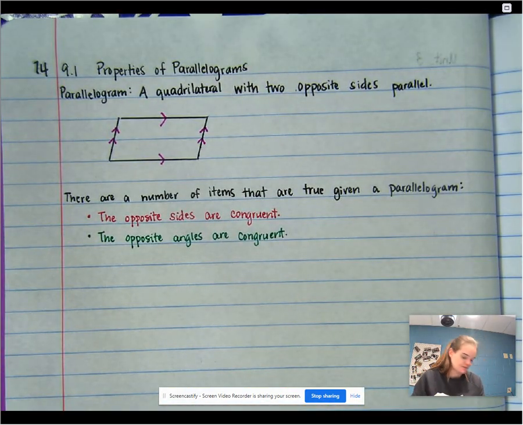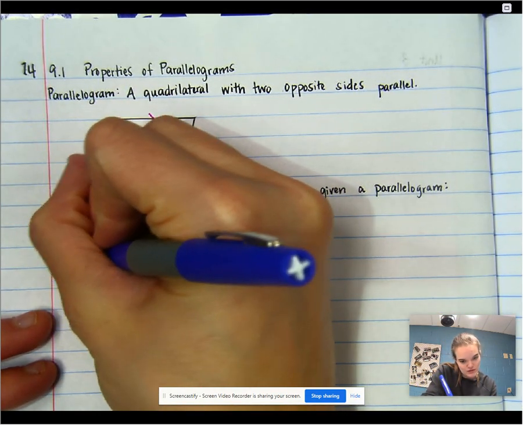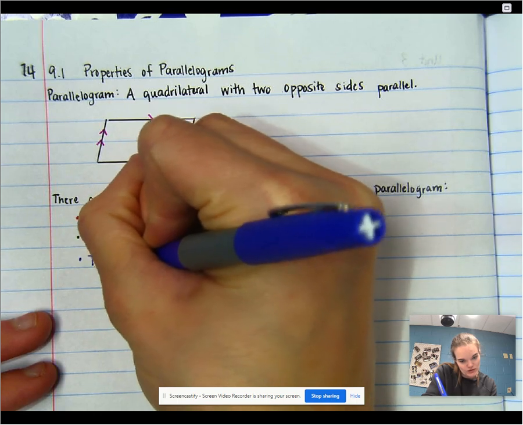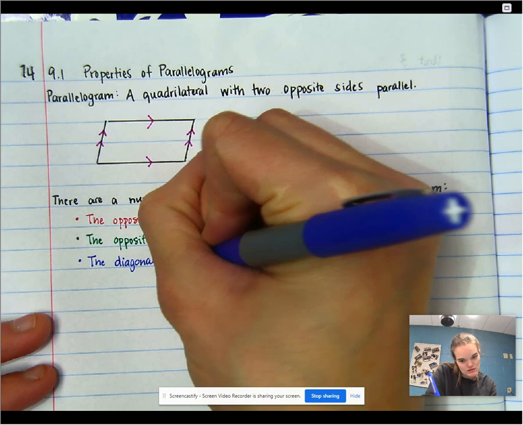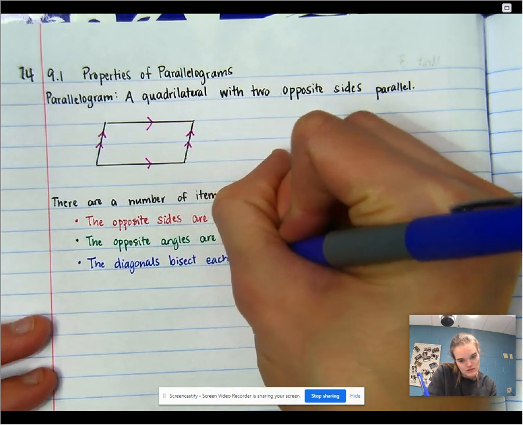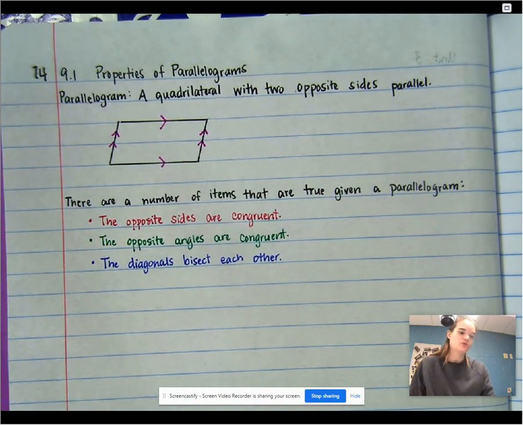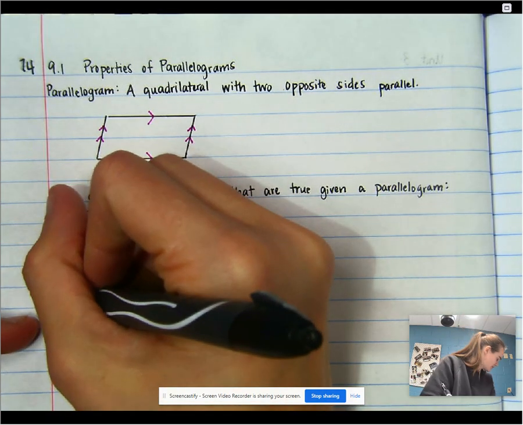And the diagonals bisect each other. And we'll talk about what a diagonal is, in case you do not know. Okay? So we're going to draw a parallelogram and label all of these pieces in their color-coordinated fashion there.